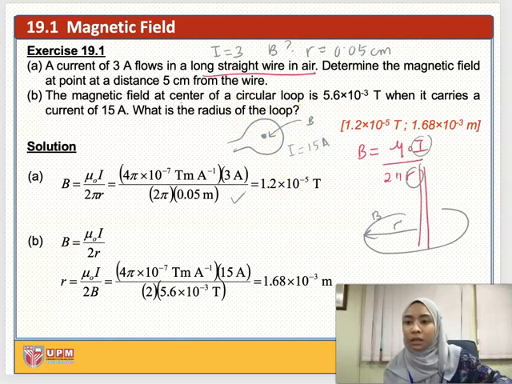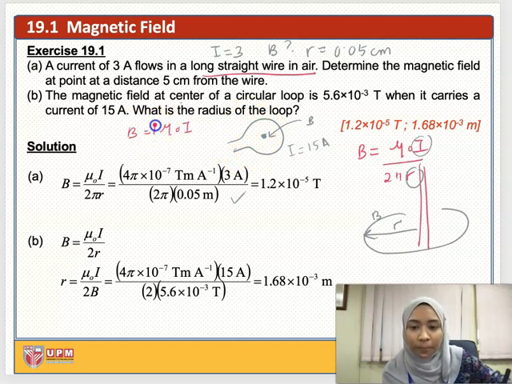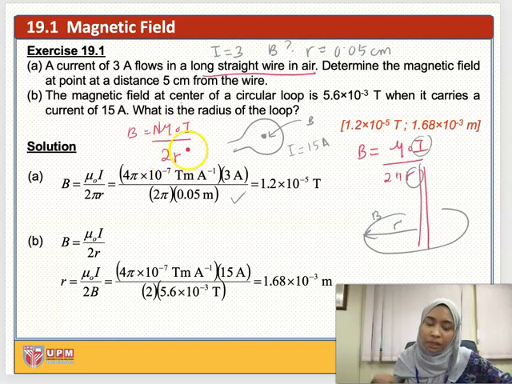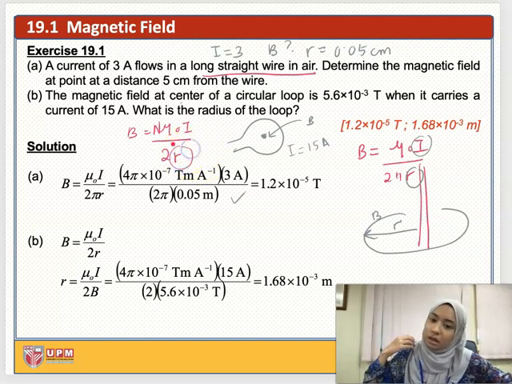So again, the most important thing here is identifying the right equation to use. So for this type of structure, we know that it is mu naught I. If there is more than one turn, you have to put the N, over 2R. Okay, so it's asking what is R.